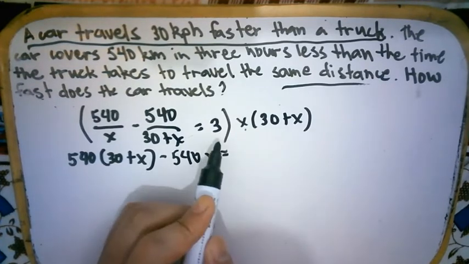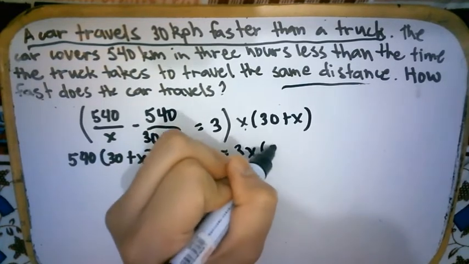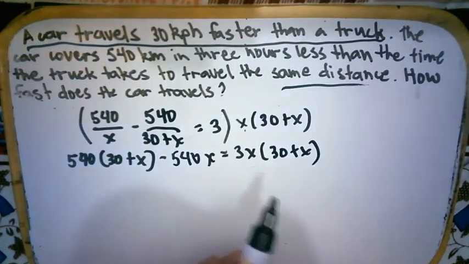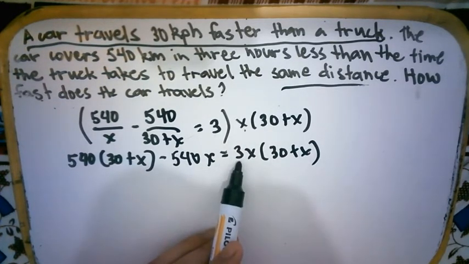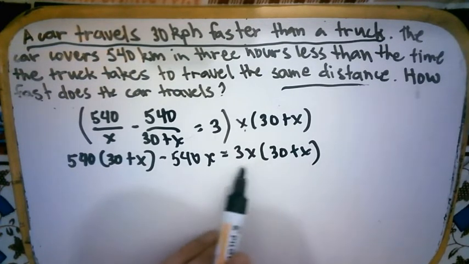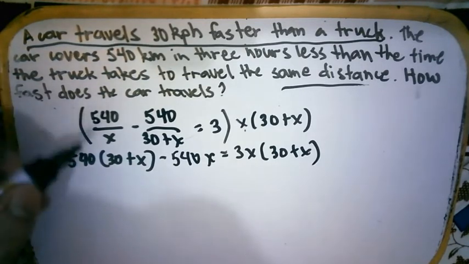So diretso na siya. So it will become 3x times 30 plus x. So ganun yung magiging itsura niya. So pag binasa natin yan, it will become 3 times x times 30 plus x. And then later on, we're going to simplify that. So i-simplify muna natin tong part na to.